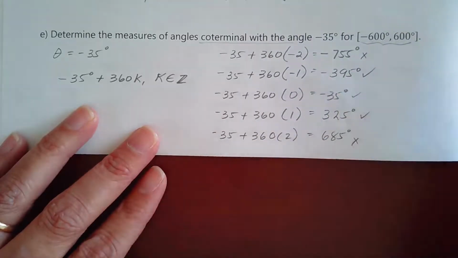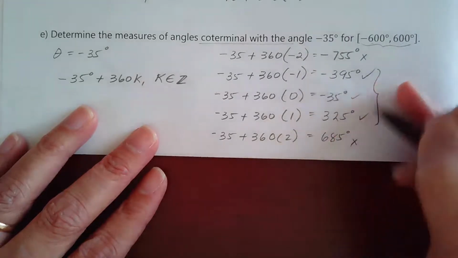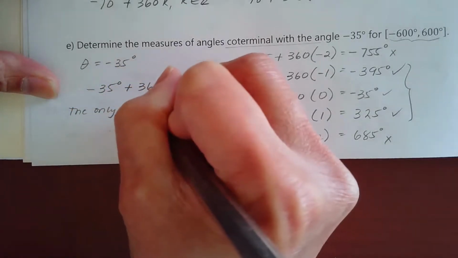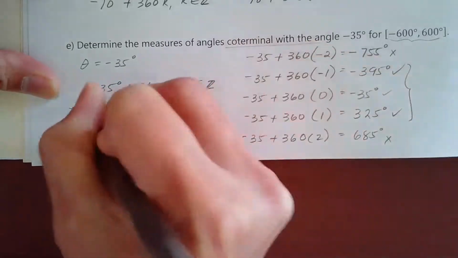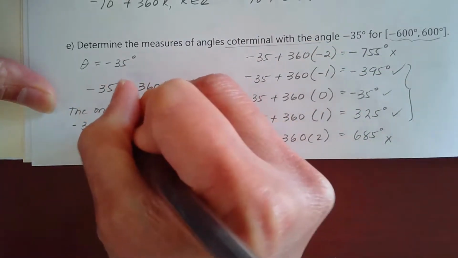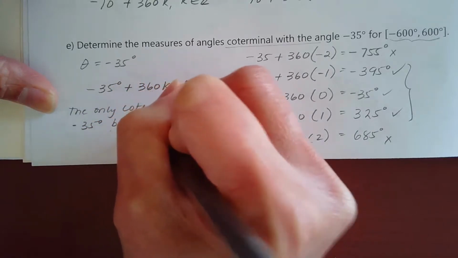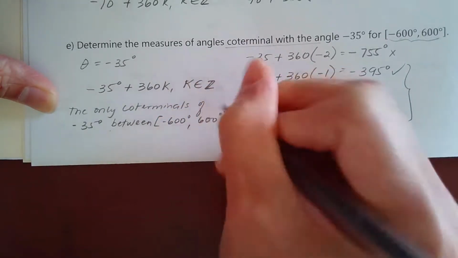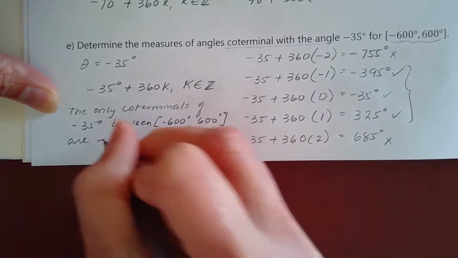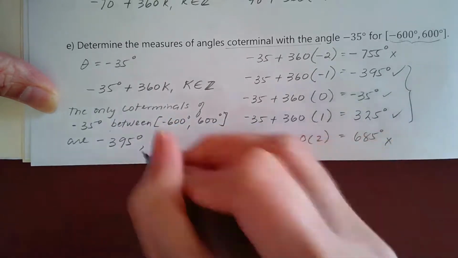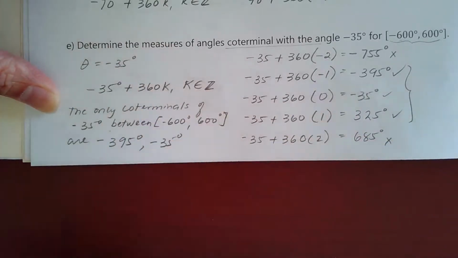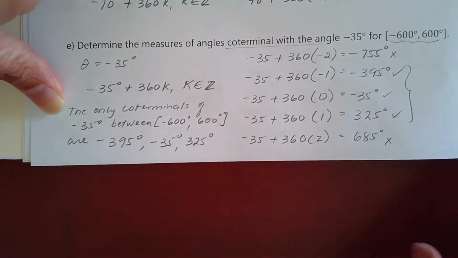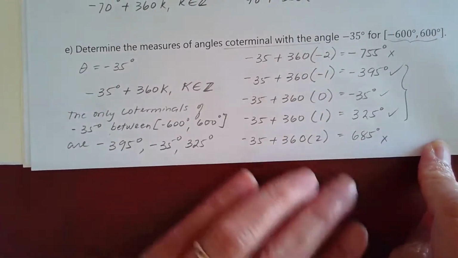So that means these are the only 3 coterminals of negative 35 degrees between negative 600 degrees and 600 degrees: negative 395 degrees, negative 35 degrees, which is that exact theta, and then 325 degrees.